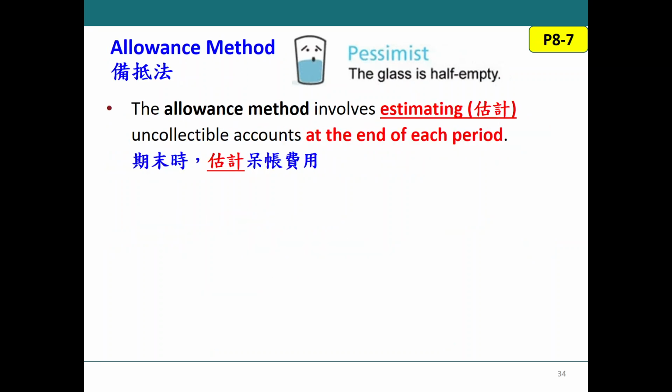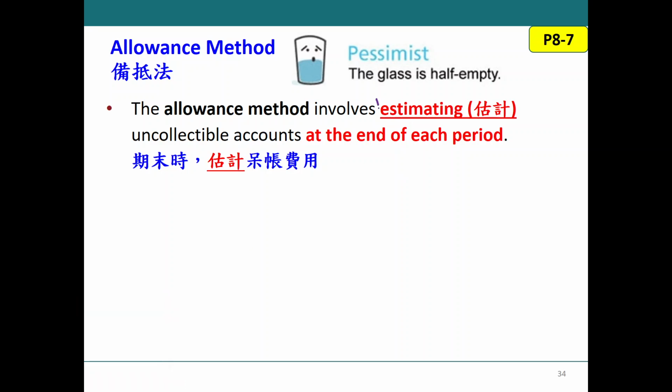So the other one is the allowance method, when you are pessimistic. Even though the risk has not happened yet, we want to tell users the risk and provide more information in advance. So we think about it right now, even though it hasn't happened yet. Did you find out? It's an estimate. We worry, oh, maybe it will happen in the future. So it's not true.